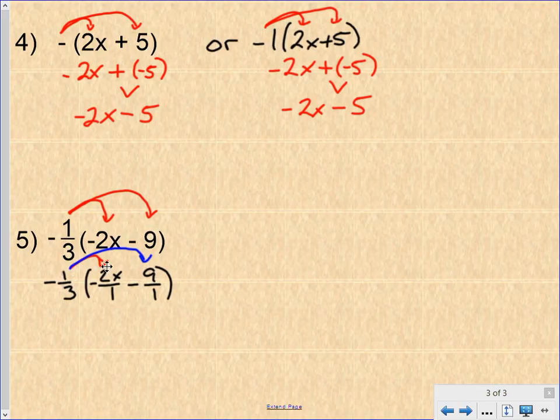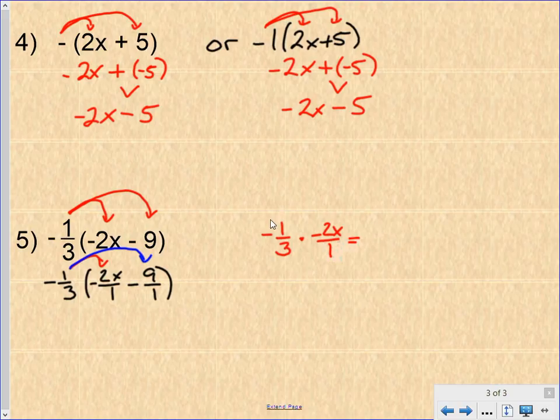So negative 1/3 times negative 2x over 1. So I'm just going to write this over here so you can see what I'm doing. Remember, to multiply fractions, you just multiply straight across. Numerators times numerators, denominators times denominators.